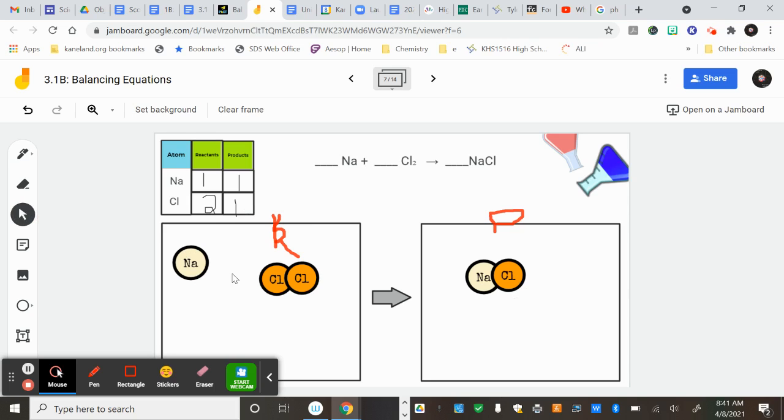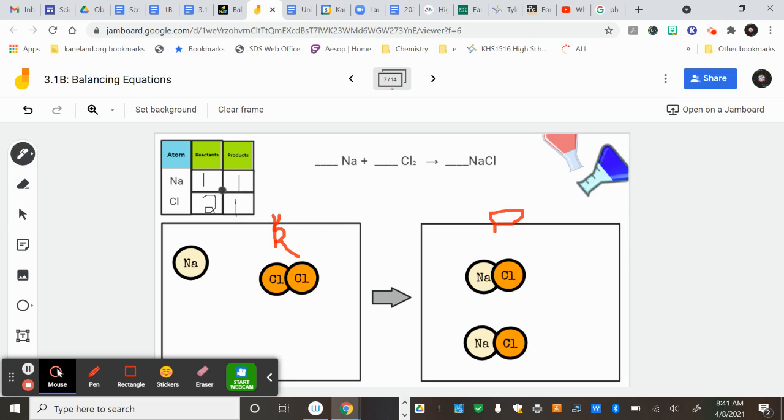However, you can't just add one Cl. You have to add a whole other NaCl. So we want to duplicate both of those and create another NaCl. Now we have two NaCls on our product side.